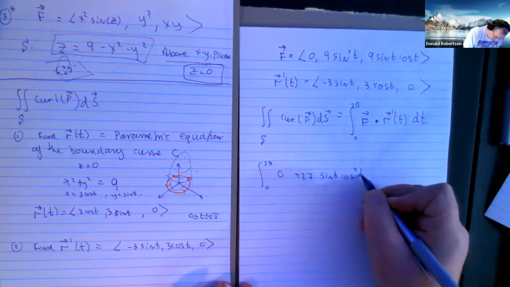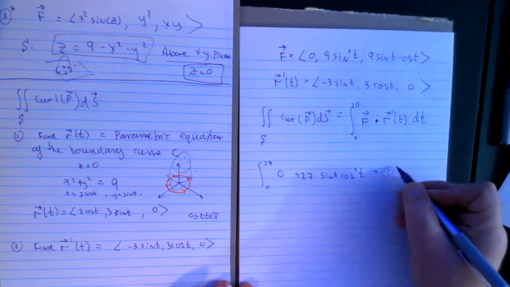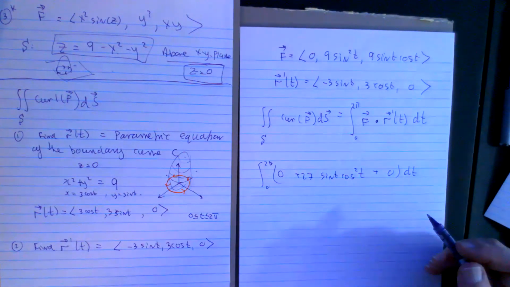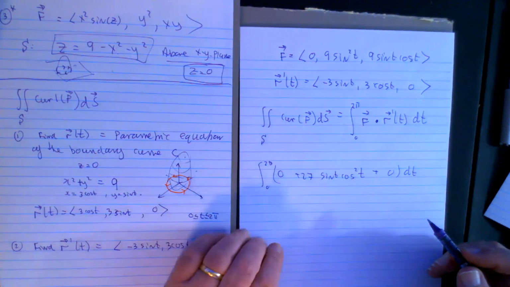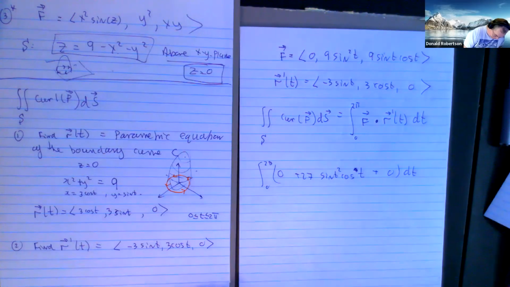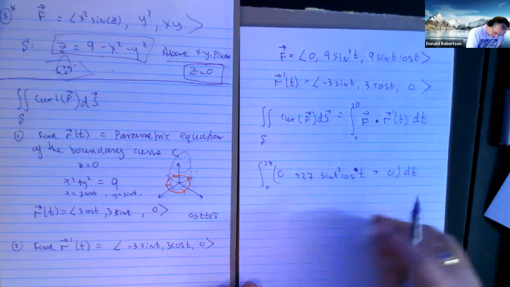That's where the problem happened. Those two terms go to 0, the last two terms go to 0. And so then you have 9 sine squared t times 3 cosine t. There we go. So we get 27 sine squared t cos t, and the integral is 0. I'm going to have to write 0 because this scanning is killing me.